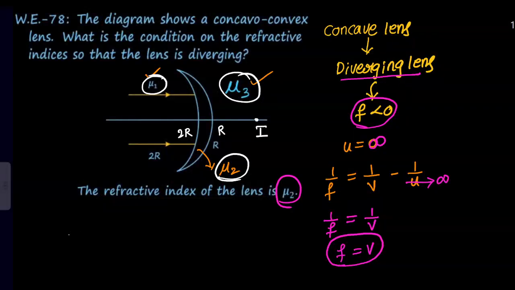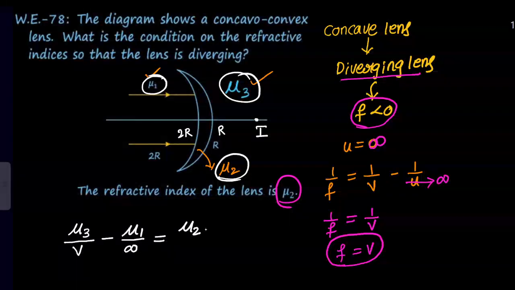So we can say mu3 by image distance v, minus mu1 by the object at infinite distance, is equal to mu2 minus mu1 by R1.